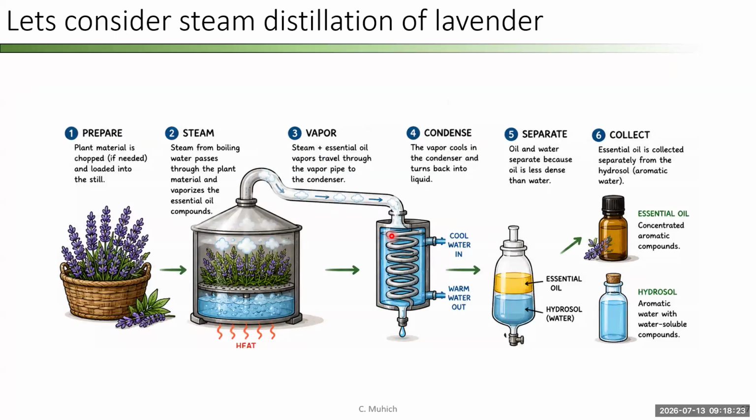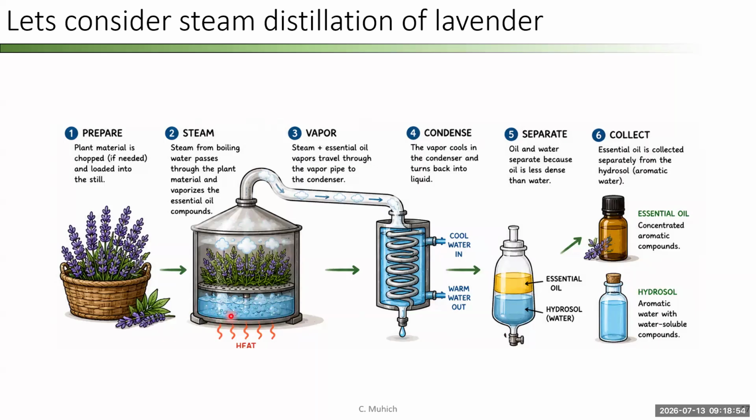All right, now that we've talked about chemical reactions in a very brief overview, let's consider the steam distillation of lavender. So this is what we have shown you before. We take the plant material, we chop it, we put it into our distillation chamber where we have heat, we have a tank of water.